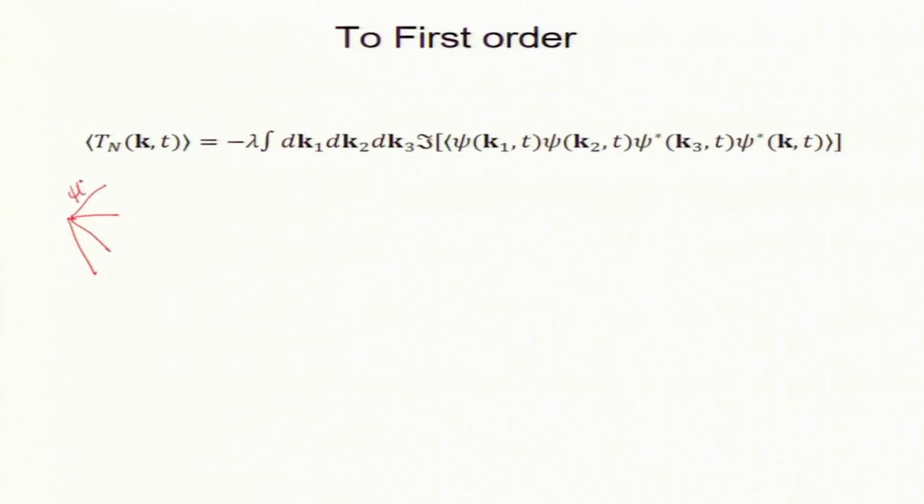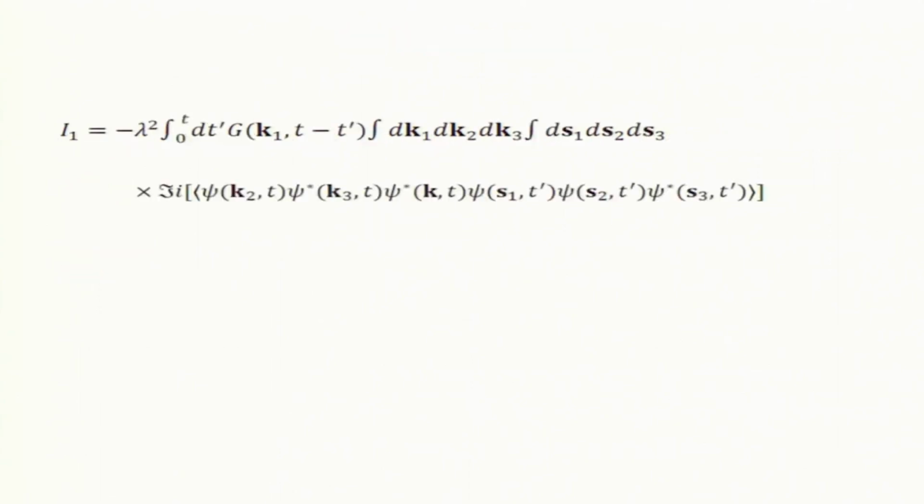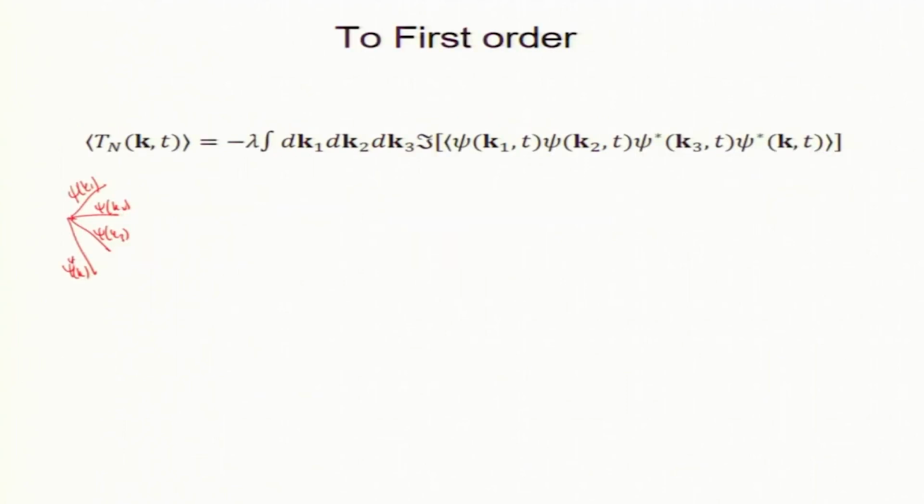So, psi k1, psi k2, psi k3 and psi star k. Okay. Let me just check which one I am doing. I am doing psi k1. So, I expand this as a Green's function psi k1.